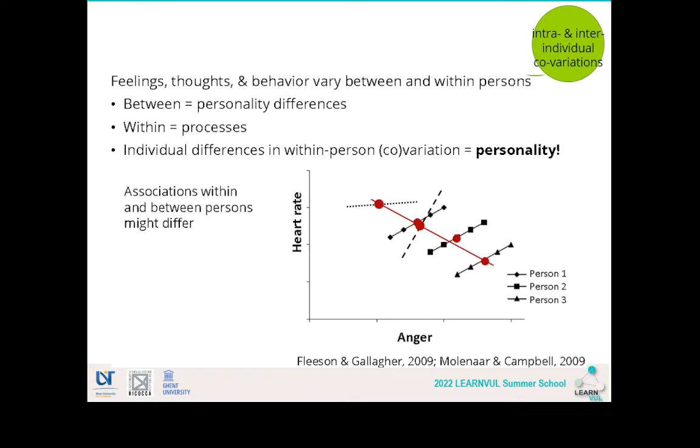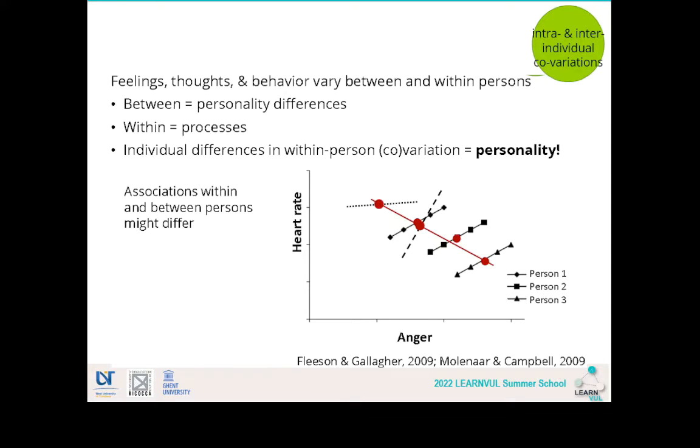So here, if you look at different people, at the level of my sample, the relation between anger and heart rate, if you look at the general tendency, you see a negative relation.